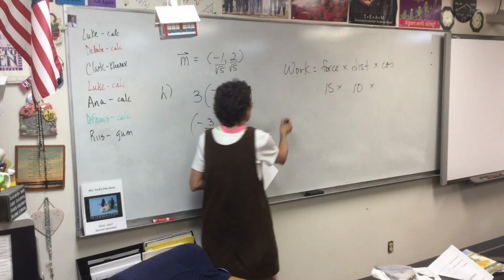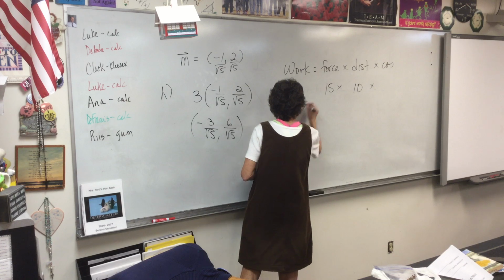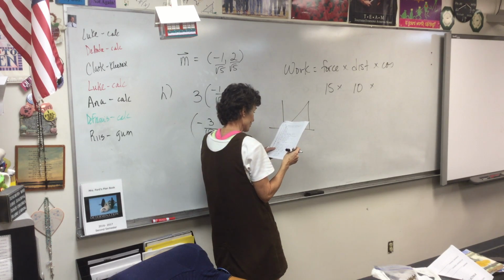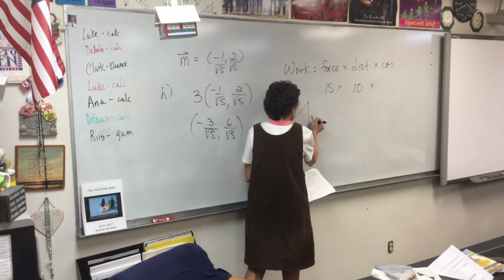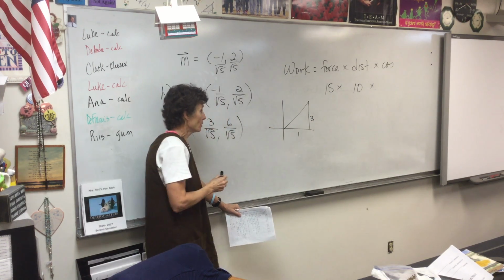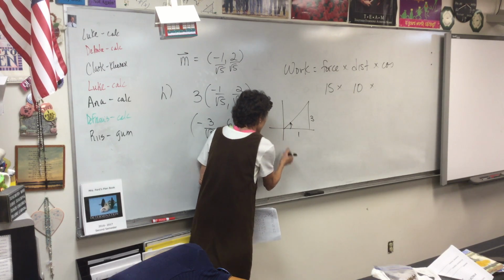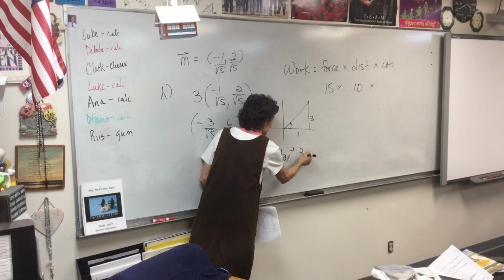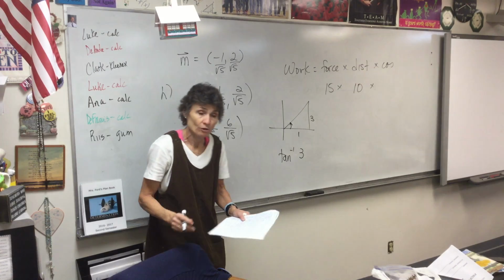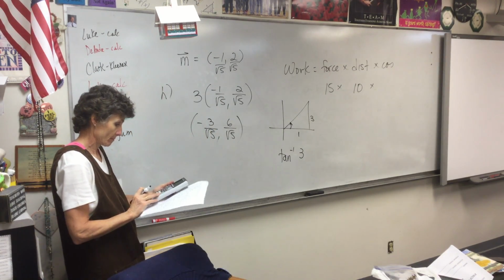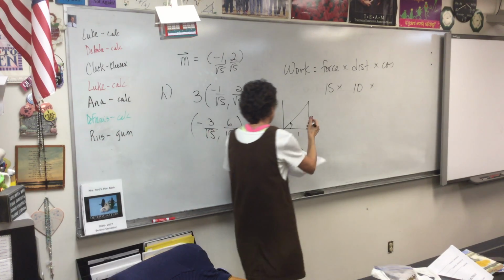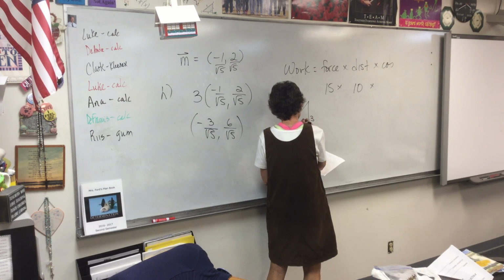No, but I do know that the vector is in the direction 1, 3. This is the angle, and I can find that by simply taking the inverse tangent of 3 over 1. So that angle is 71.57.